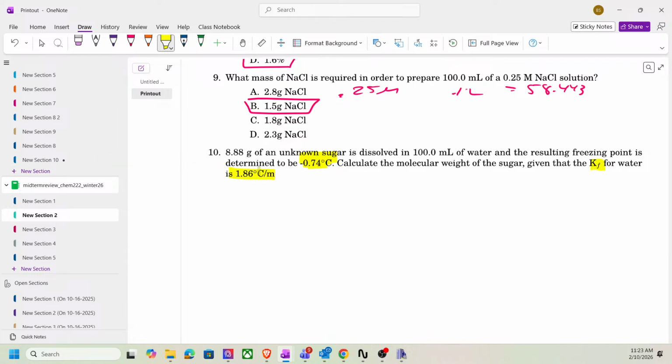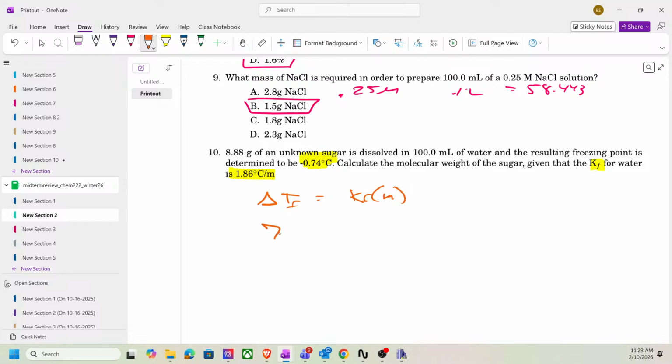And so again, that's our difference from our freezing. Let's set this up so you guys can walk me through, check my math. So our change in temperature at freezing is going to be equal to our KF times our molality.